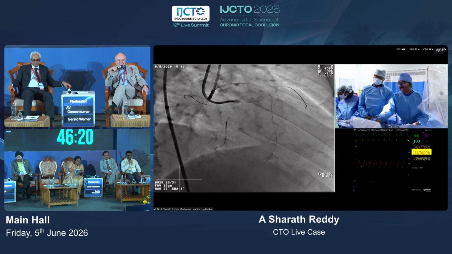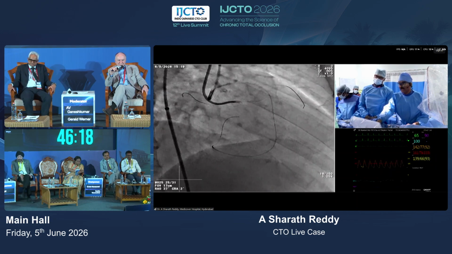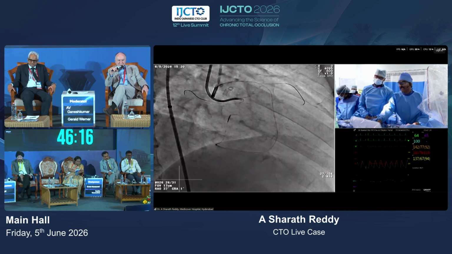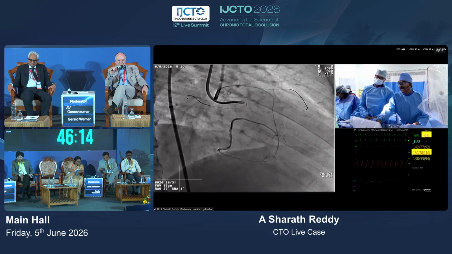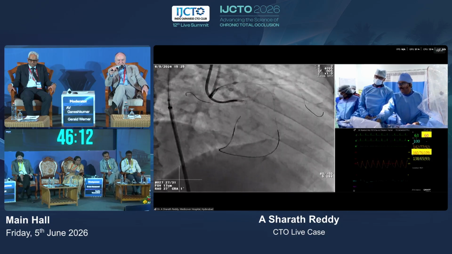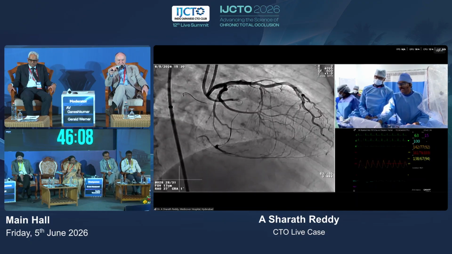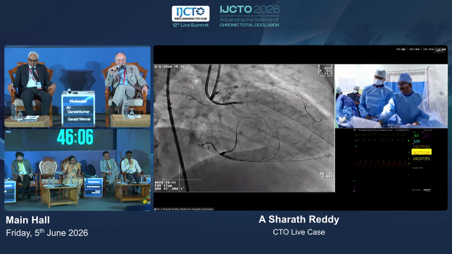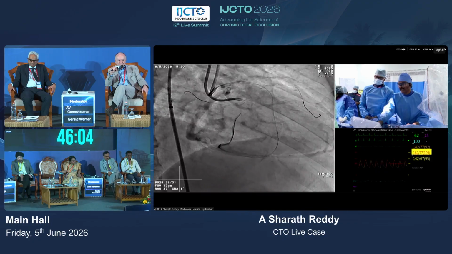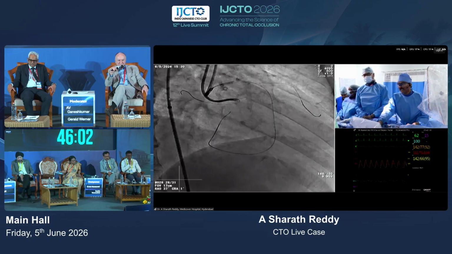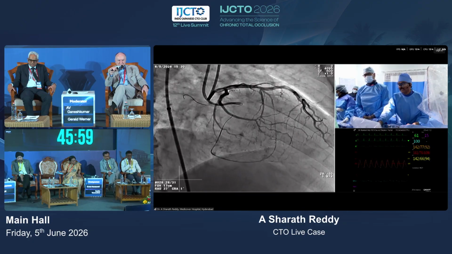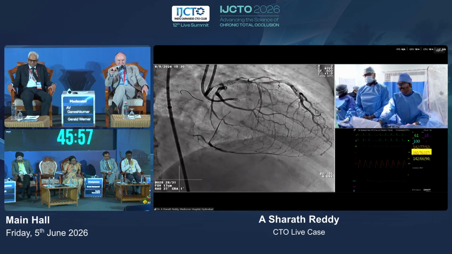So first I tried Gaia 2. It is going into the RV branch. Then we tried Gaia 3, and with Gaia 3 I also had the same problem, and this is Hornet 14. So Hornet 14 penetrated a little bit in the direction of the distal cap.